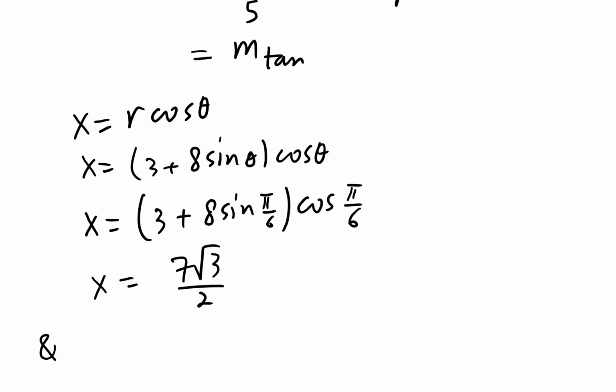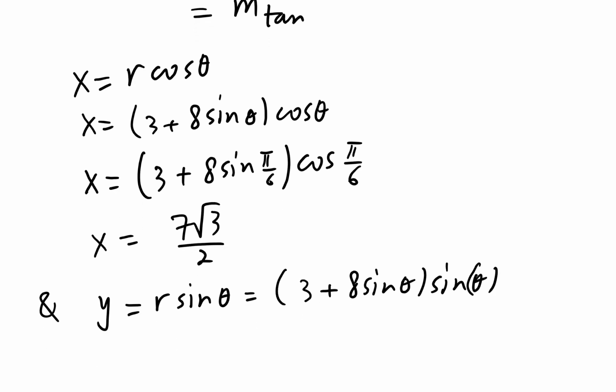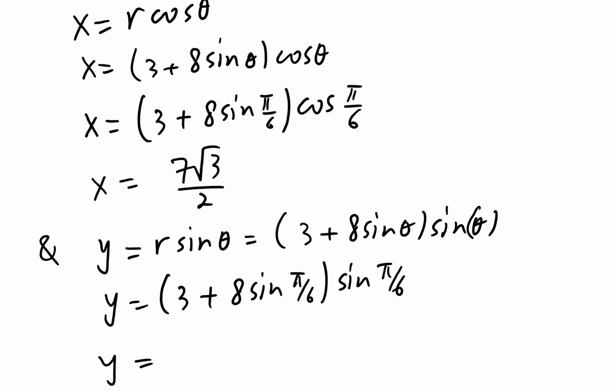That's for x. Similarly for y, r sine theta. r is 3 plus 8 sine theta times sine theta. If you substitute pi over 6, you're going to get 3 plus 8 sine pi over 6 times sine pi over 6, and this simplifies to 7/2.